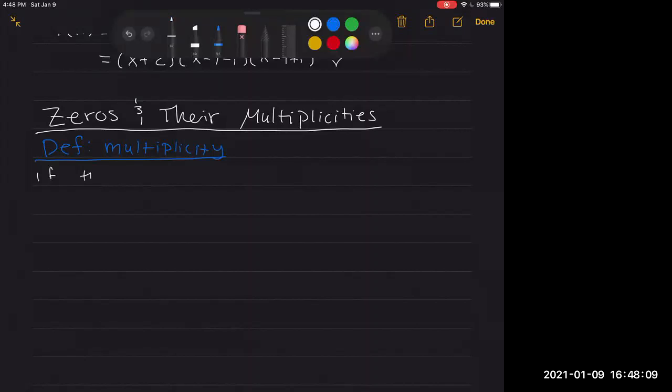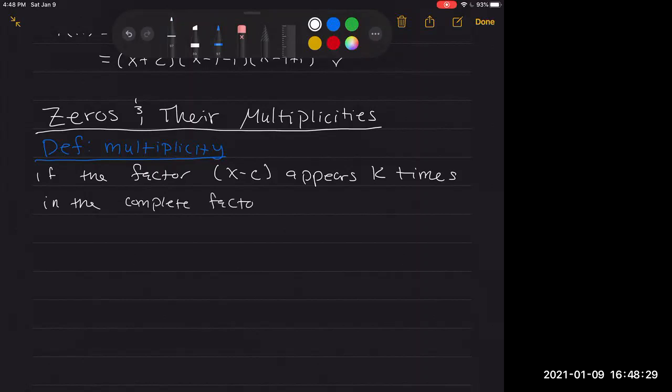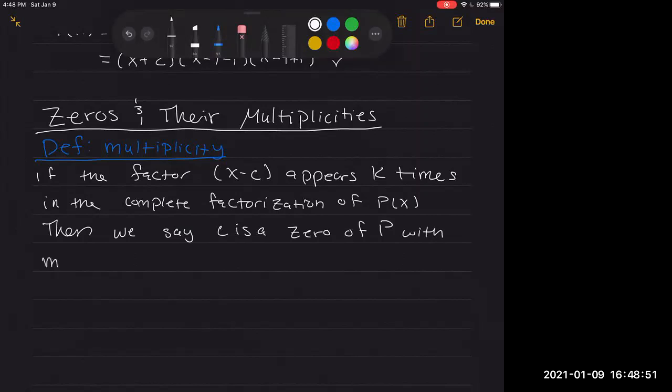So if the factor x minus c appears k times in the complete factorization, then we say that c is a 0 of p with multiplicity k.